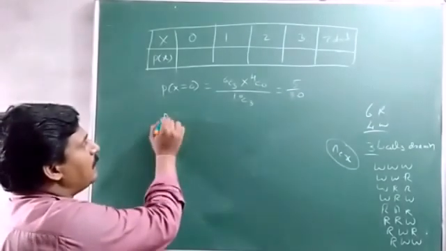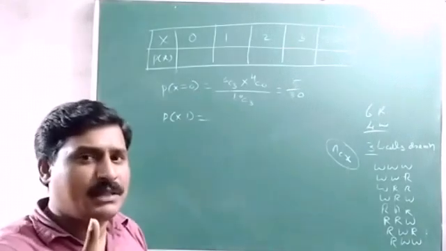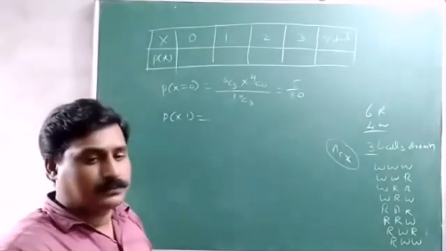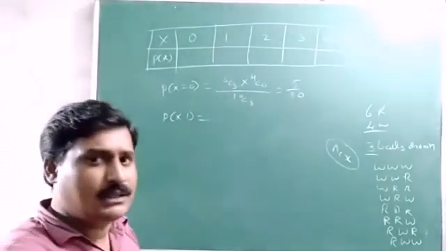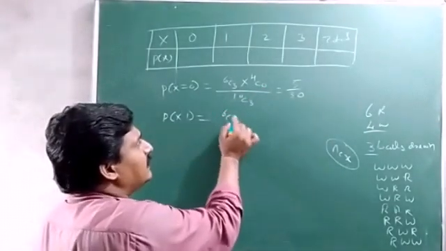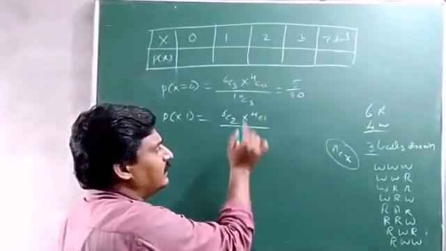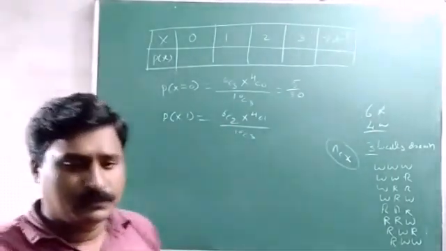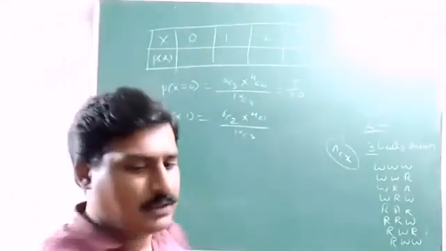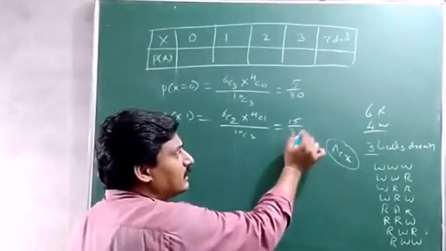Then probability of getting 1 white ball. So 1 white means the other 2 will be red, that is 6C2 into 4C1 divided by 10C3. So that is 15 divided by 30.